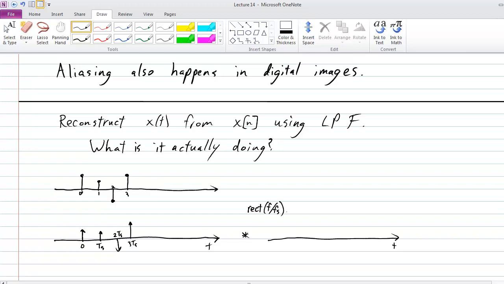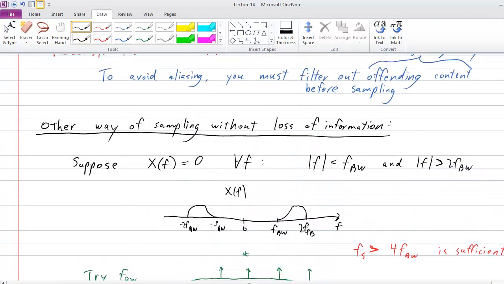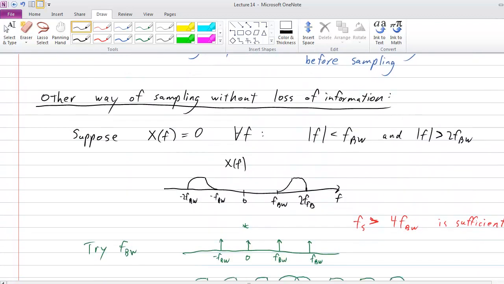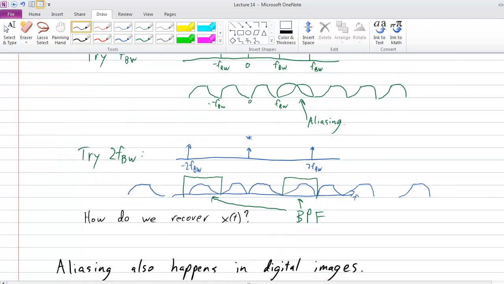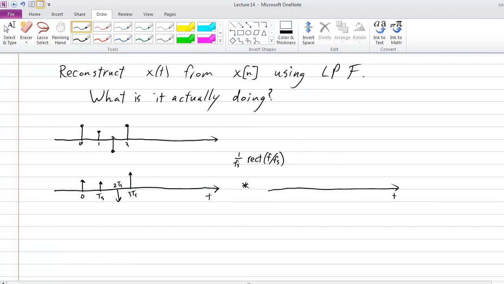And we also wanted to have this factor of 1 over fs, because that was needed to cancel out the scaling that was done during sampling. So if we look back at this reconstruction filter, we want the height to be Ts, which is 1 over fs. We want the width to go up to fs over 2. Okay, so this is what we want in frequency. We want H of f to equal that.